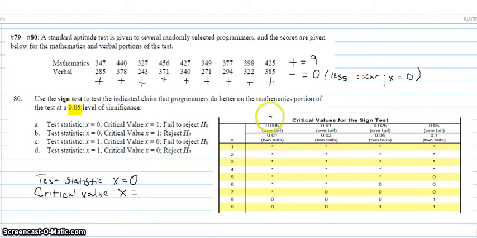You need to find at the top whether it's a one-tail or a two-tail test, and here are your levels of significance: 0.005, 0.01, 0.01, 0.02, 0.025, 0.05, 0.05, and 0.1. Well, looking at your number 9 and going across until you find the 0.05 level of significance, you see that number is 1. So your critical value is going to equal 1.